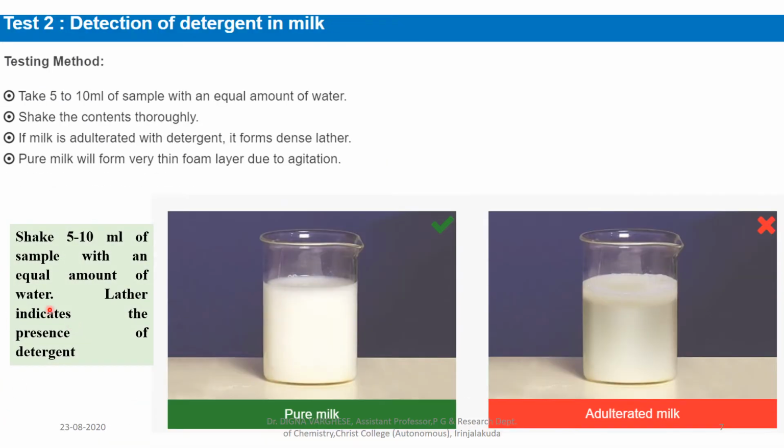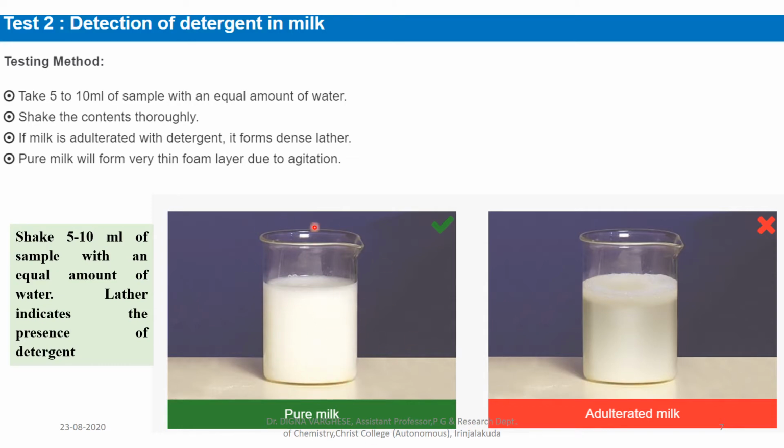The second adulterant used in milk is detergent. Shake 5 to 10 ml of sample with an equal amount of water. Lather indicates the presence of detergent. That means take 5 to 10 ml of the sample with an equal amount of water and shake the contents thoroughly.